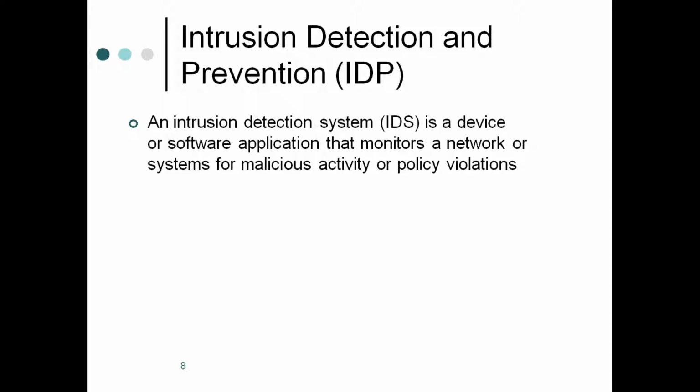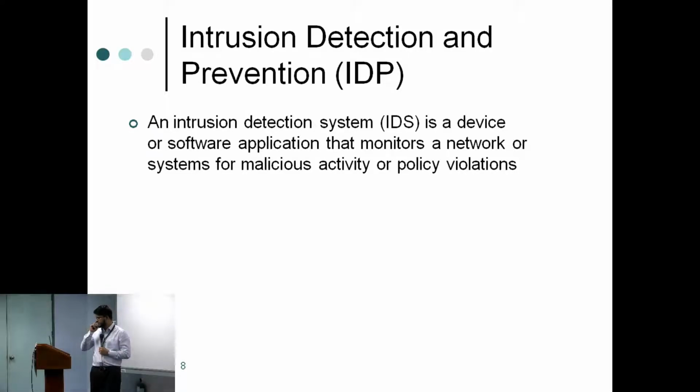The second level of services that we can talk about is intrusion detection. This is basically a software or hardware device that monitors a network. We're talking about a private organizational network, but it could be at a broader level, such as the government level as well. It will monitor a network or a particular system for malicious activity or policy violations.